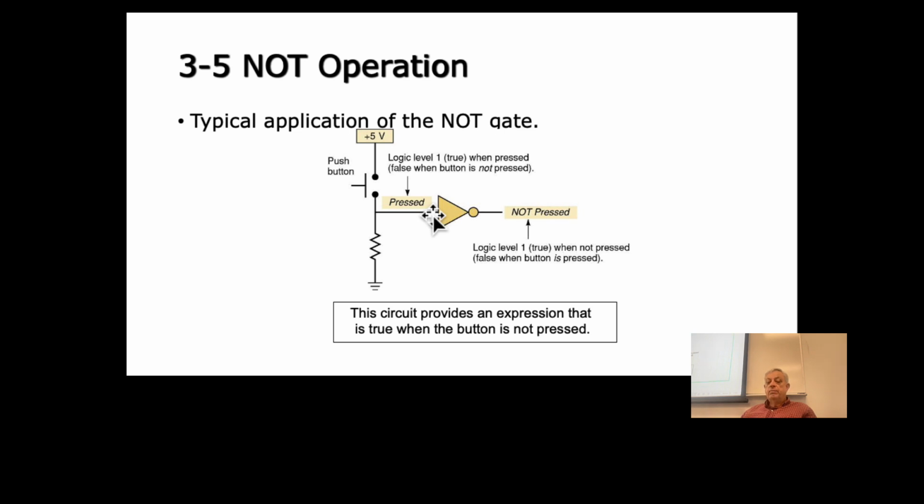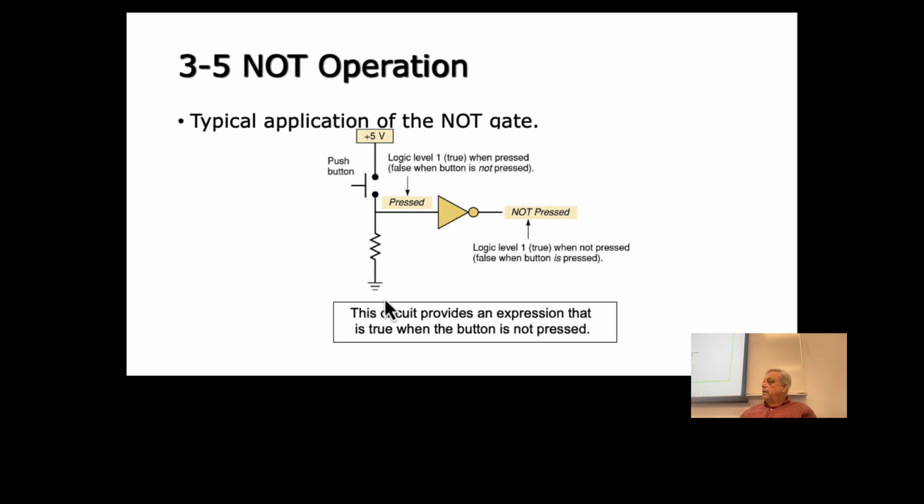I have a 1 at the input. Invert it, I get a 0 at the output. What was that? Oh, I just got what the resistor and ground did. It made it 0. Yeah, the resistor is tying this pin to ground.